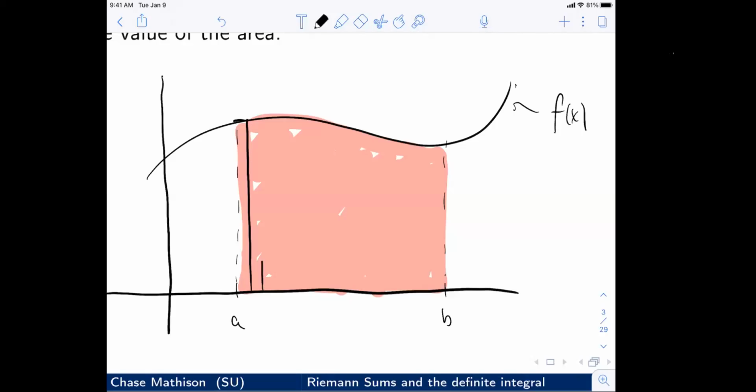And I'm going to take them so that the right edge goes up to the function. We could take the left edge to go up to the function. Or really, we could take any point in between the right and the left edge of the rectangle to go up to the function. Okay, that's actually going to be important later for proving the fundamental theorem of calculus.